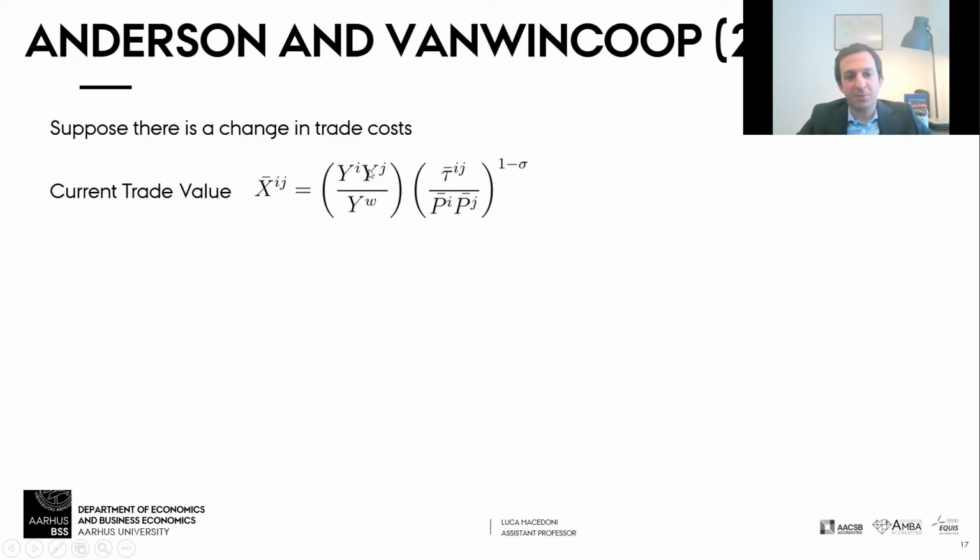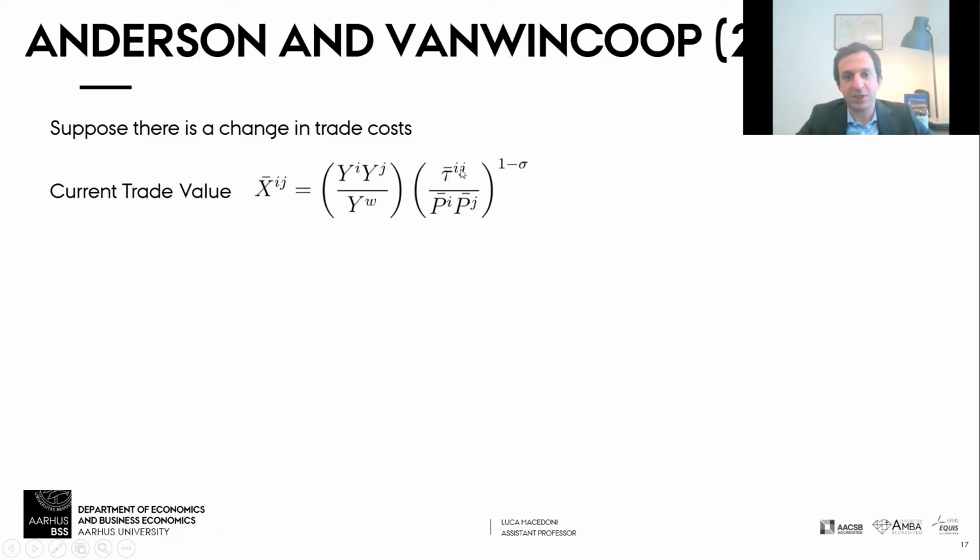Now, don't worry too much about the GDPs because typically we bring this to the left-hand side and look at the trade flows relative to GDP. Okay? Focus just on the right-hand side here and in particular the second term. So if there is a change in the trade cost, there's going to be a direct effect of that.